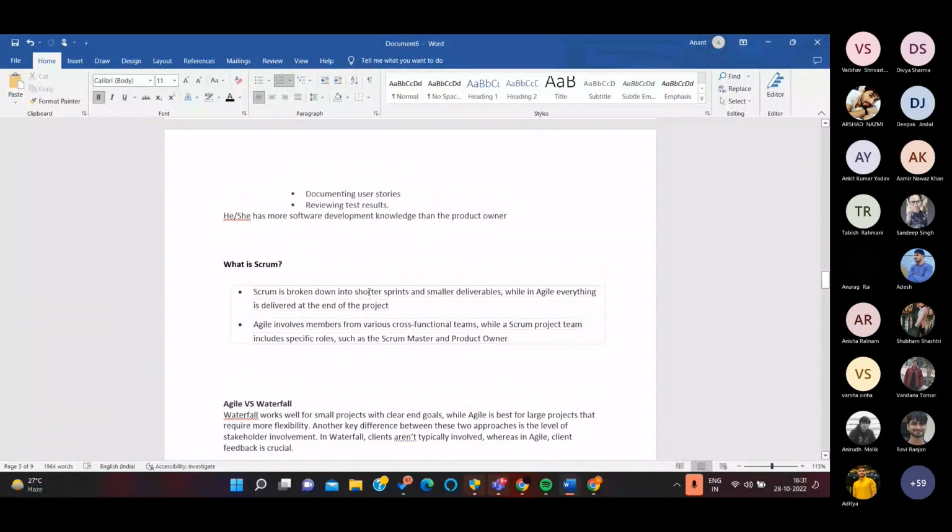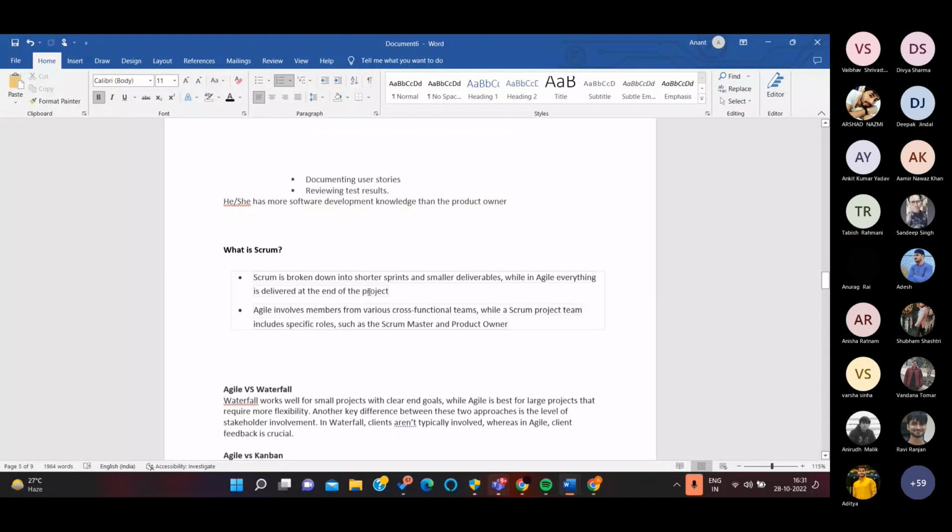So before moving on to user stories and the test results, there is a term, Scrum. Now, each one of you must be attending the daily stand-ups. You must be thinking, what exactly is the daily stand-up? Why do we really need it? And what purpose does it hold?